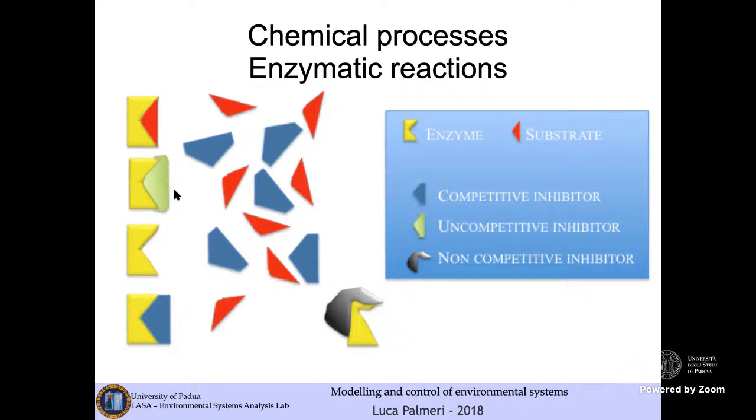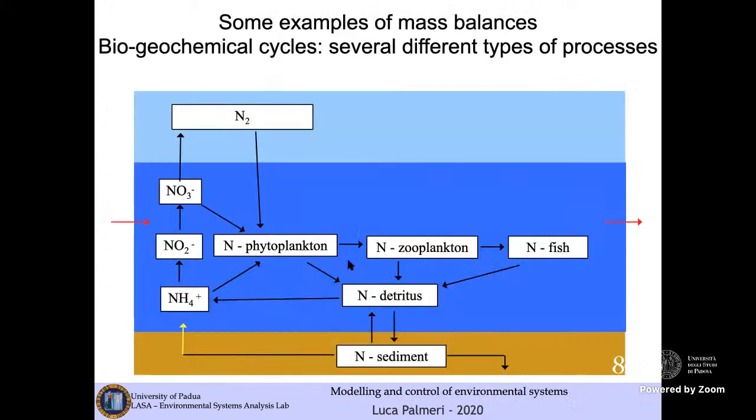There is a third case, that is the case of non-competitive inhibitors, in which we have molecules or chemicals that simply destroy the enzymes irreversibly. So this is a way of changing in an irreversible way by destroying the enzymes and making the enzymes not available anymore. Okay?